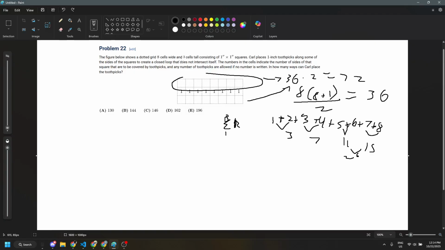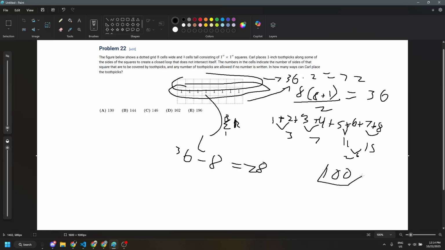So we just have to subtract 8, and then this one here is 72 minus 8, or no, sorry, 36 minus 8 equal to 28. So now our sum is 100, sorry. 100 is our sum.